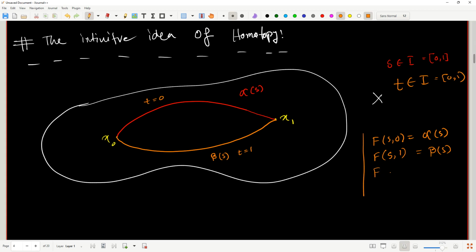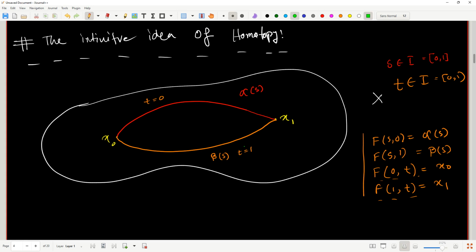Now, when your s is 0, and t is just some t, this is just x0. When s is 1 and this is t, for any t belonging to I, this is just x1. This agrees with all the definitions that you saw about paths earlier. So what does this t actually do? Let's say this is t equals 0, and this is t equals 1.